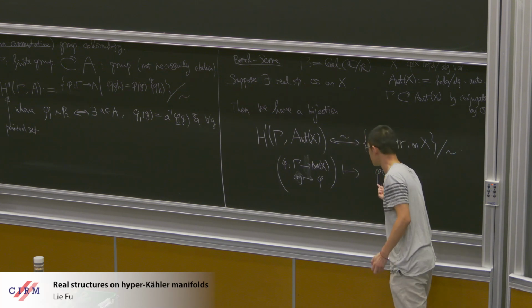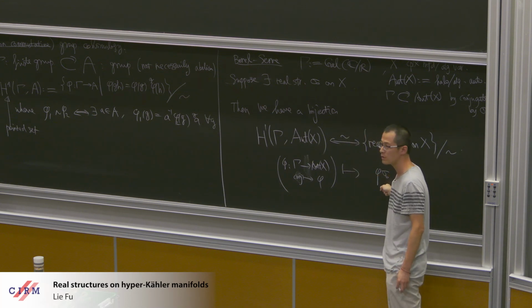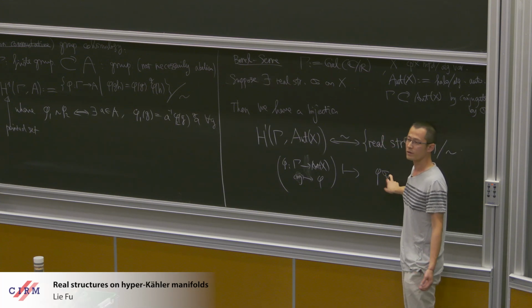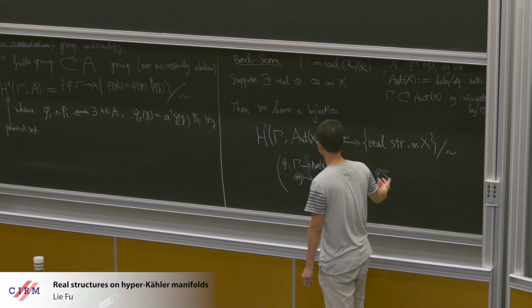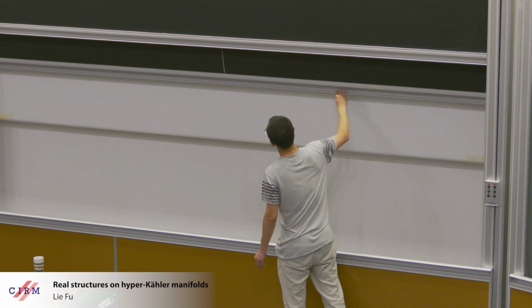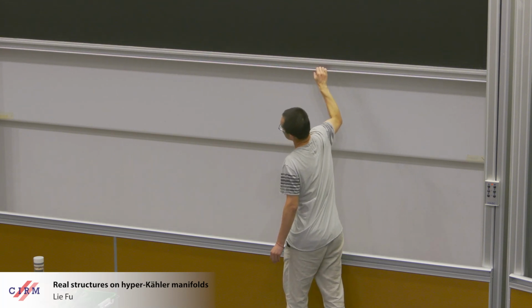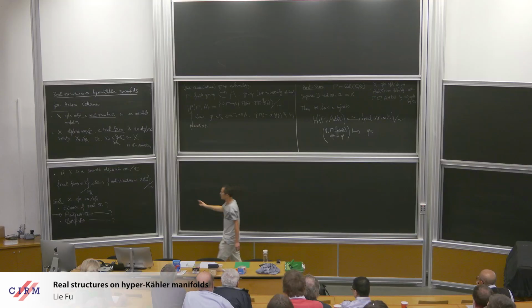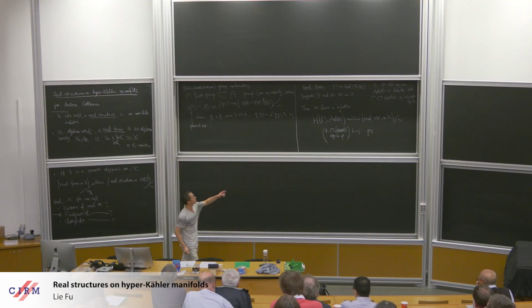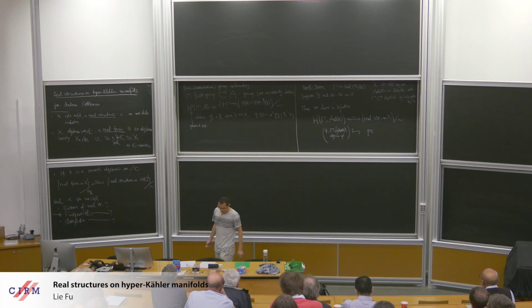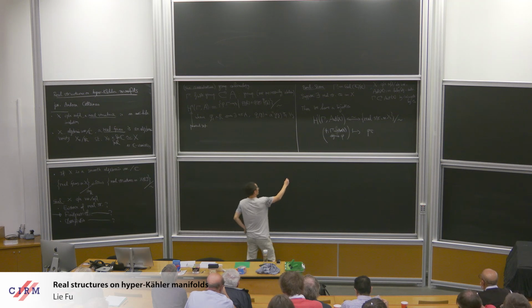The one cocycle condition tells you that this is an involution, and this is obviously anti-holomorphic because phi is holomorphic and sigma 0 is anti-holomorphic, so their composition is anti-holomorphic. So the result is that this is a bijection. So now the finiteness problem of these two sets is transferred into a finiteness question on this non-commutative cohomology set.